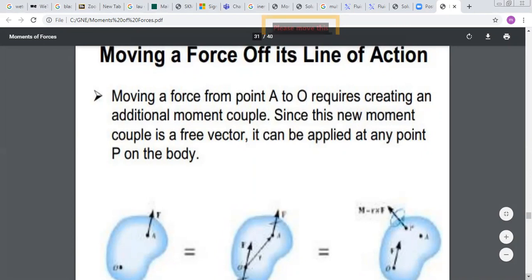Because if you remember last time, you have seen that if we have two forces, and we do sum of moment of these two forces about any point in space, we still get the same result. This is why, when we have a couple and we do sum of moment about any point in space, the moment of this couple about the point is equal to the couple. While for the force, the moment of the force about a point depends on the location of the force, because we should do the force times the distance.